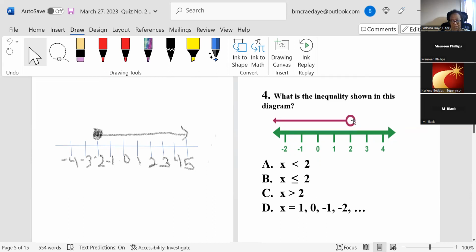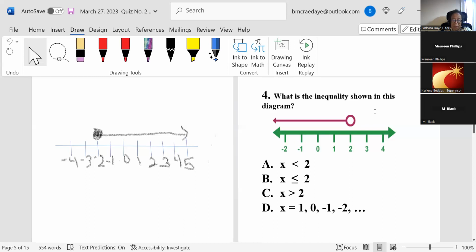Less than, or what? Equal only comes in if it's shaded. So if you see this circle is open, it can only be less than or greater than. So you only have two choices. What are they, Maureen?